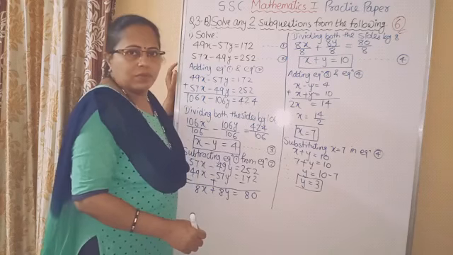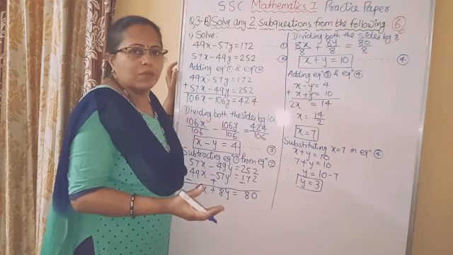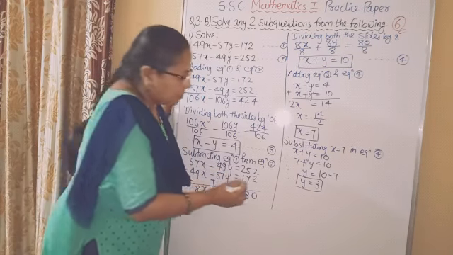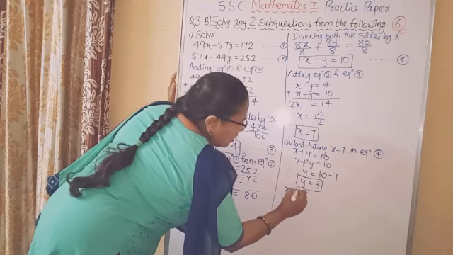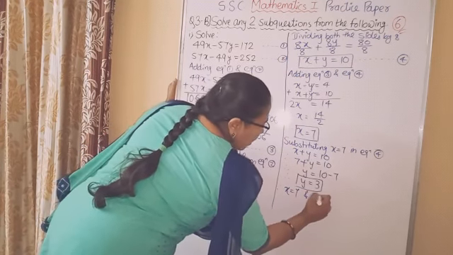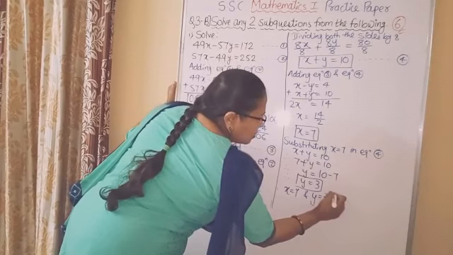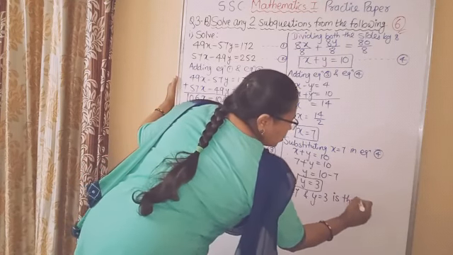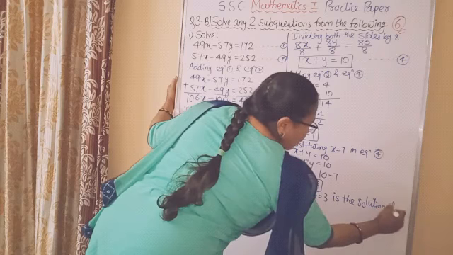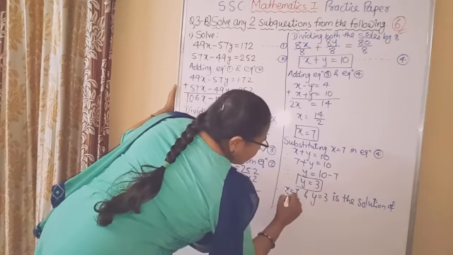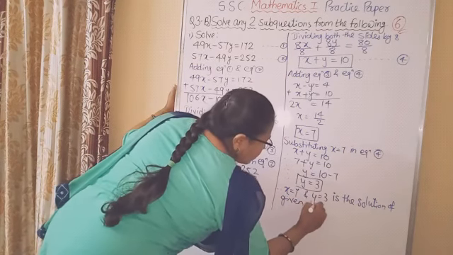So here we got the solution, and the last part of the solution is the answer. Therefore, x equal to 7 and y equal to 3 is the solution of the given equations.